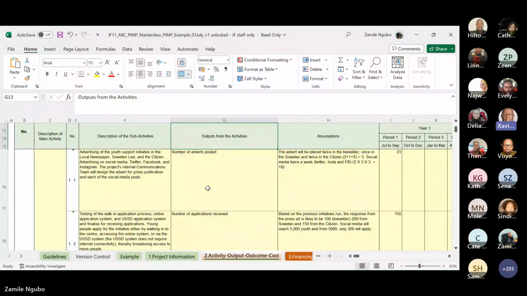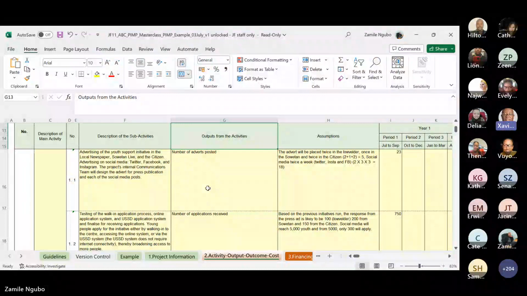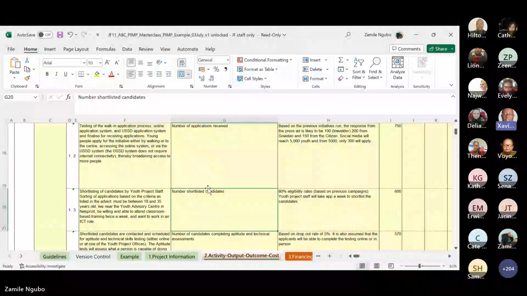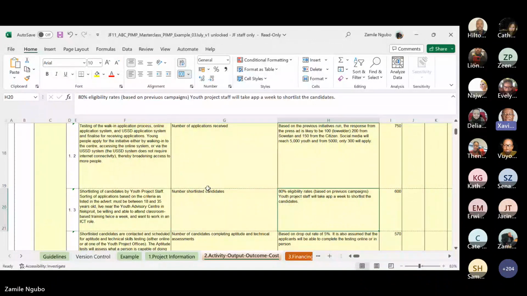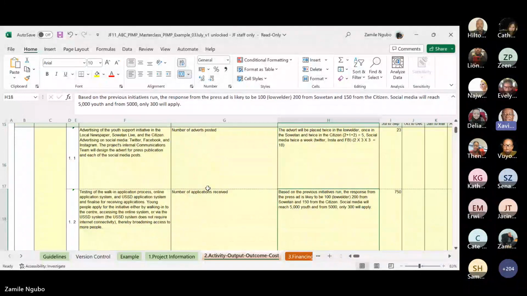Okay, thank you. And then the last one is from Molefi. I realized that in the assumptions, we have timelines such as: "it will take weeks to analyze and allocate candidates". What is the significance of this information, or is this still coming?